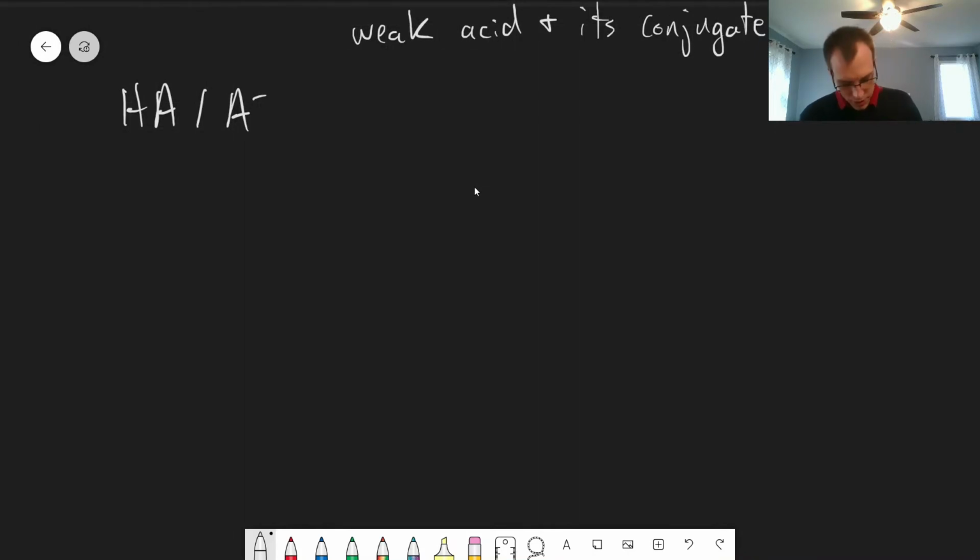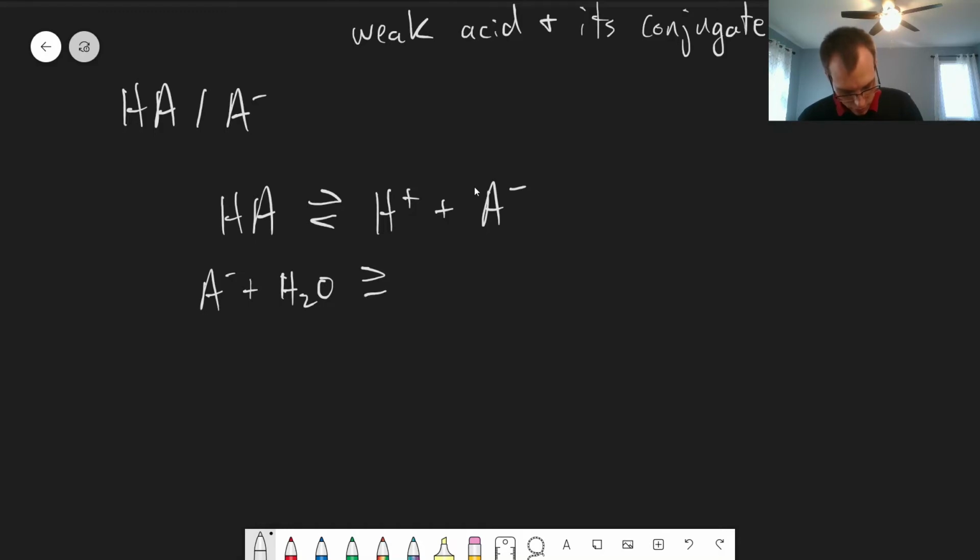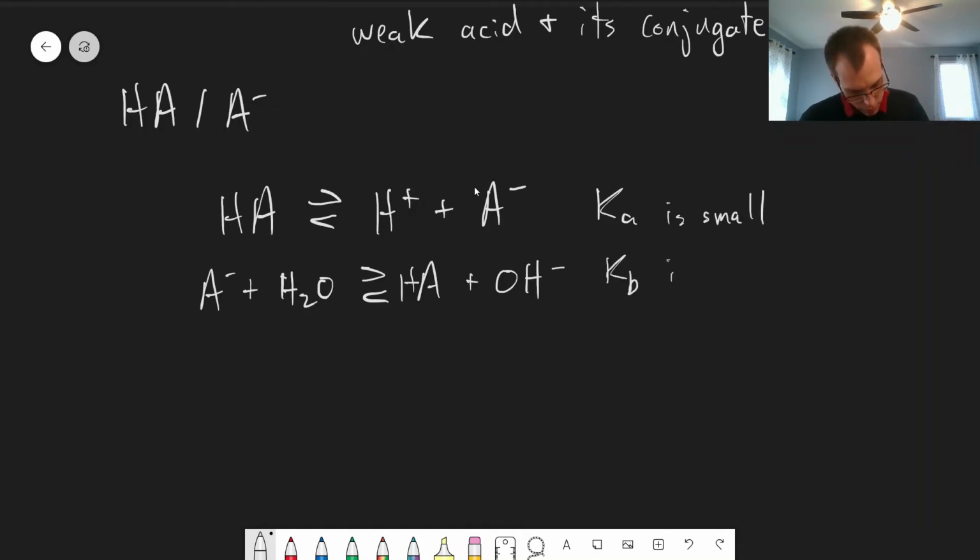If we put those together, we'll get these reactions that happen, right? We'll get dissociation of HA into H plus and A-, and we'll get A- plus water reacting to form HA again, plus hydroxide. And as these reactions are happening, we know Ka is small because these are weak. By definition, each of the equilibrium constants has to be small.